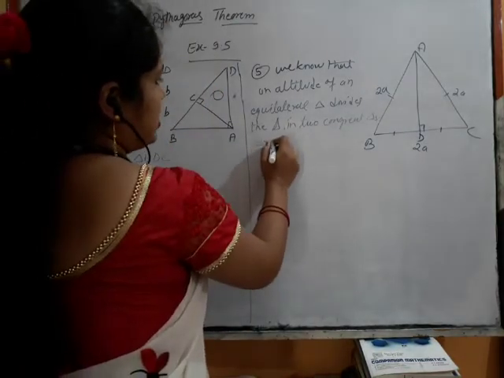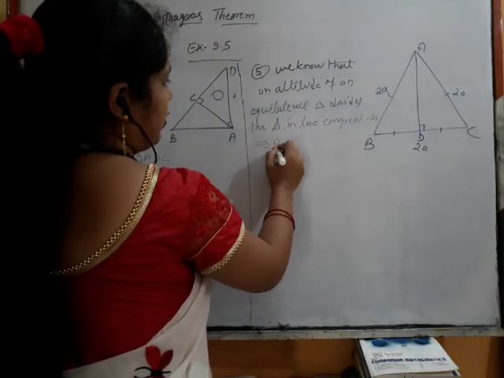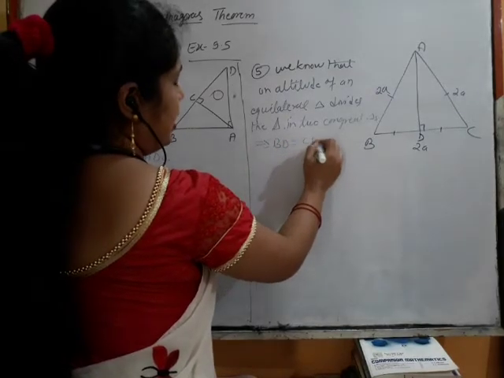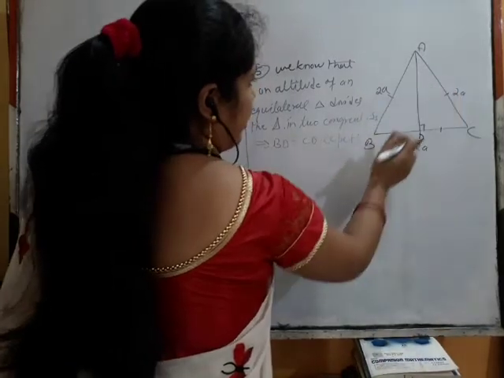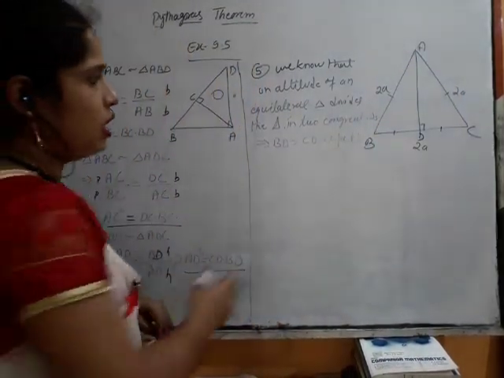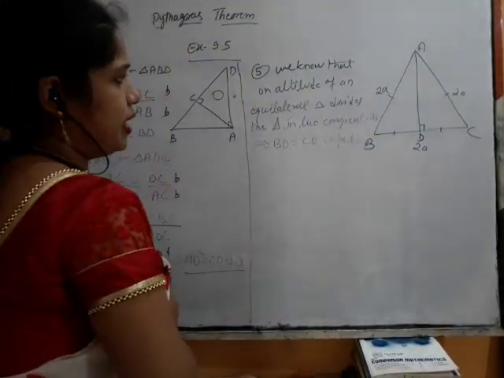So this implies BD is equals to CD, by CPCT. This triangle is congruent to this triangle, so all the corresponding parts will be equal. So BD will be equal to CD.